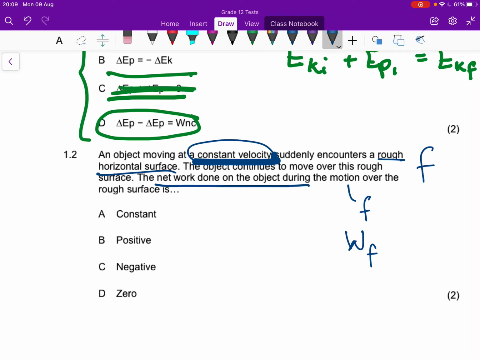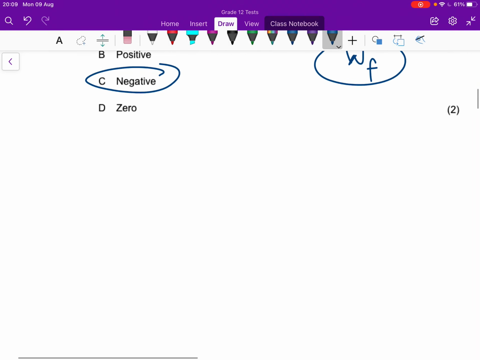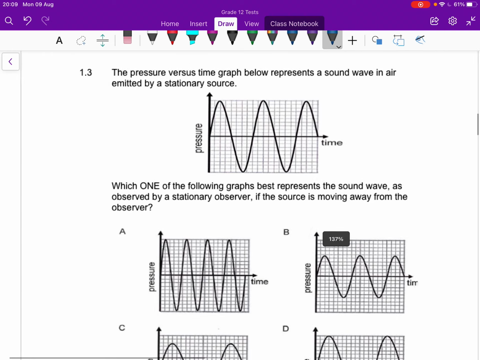The work done is completely only by friction. It's moving horizontally. If it's going at constant velocity, there's no applied forces to it. It has to be negative because it's work done by friction, and work done by friction is always negative. So that's C.